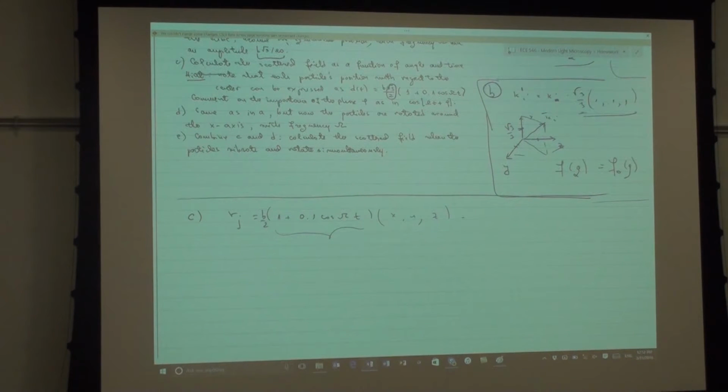Okay, so when you write the S of Q, it will be the sum over j of e to the i Q times this thing. So 1 plus 0.1 cosine of omega t, we have b/2 somewhere, and no, that's it, no x, y, z. This is qx, qy, qz, right?